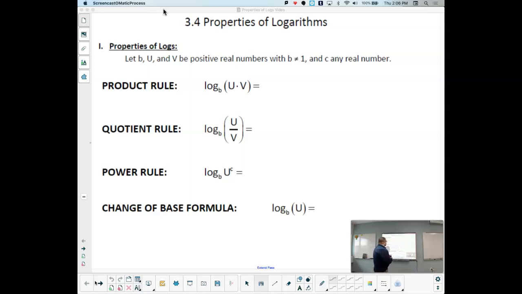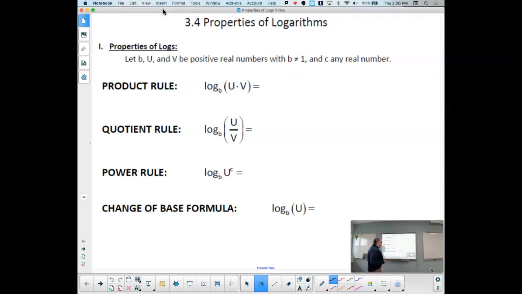The first one is the product rule. If you are multiplying two things inside of one single log, we can split those up into two different logs, or as many logs as we want. Expanding, we would be working to more logs. Condensing, we would be working back to one single solitary log.